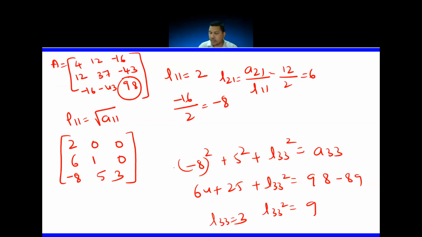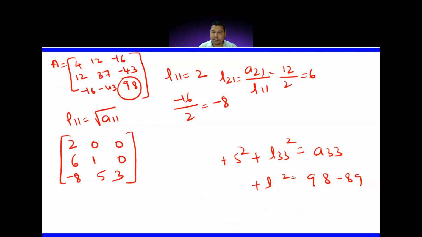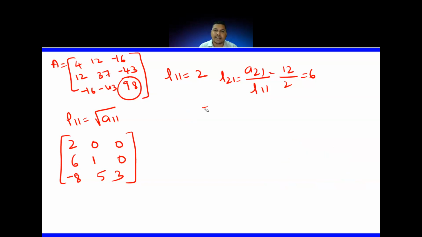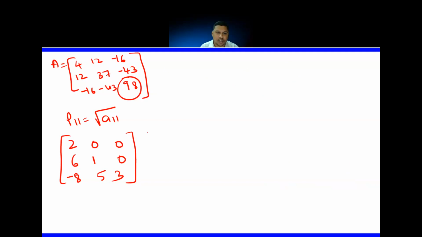Now L transpose is just writing the transpose of it. We got the L matrix, and now you have to represent it as L transpose. Just make rows into columns and columns into rows.